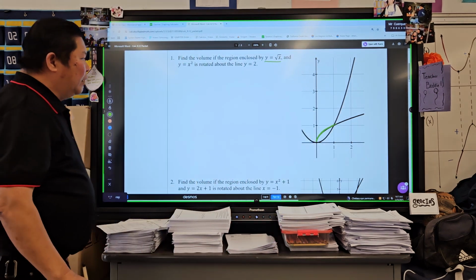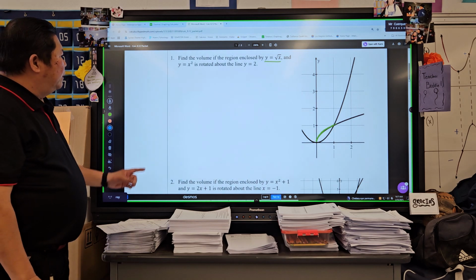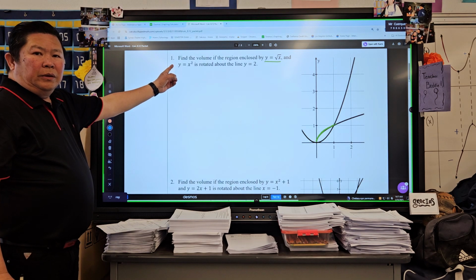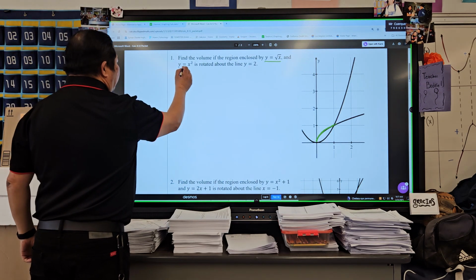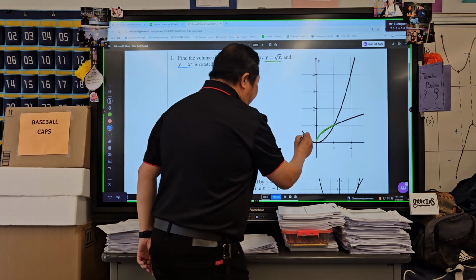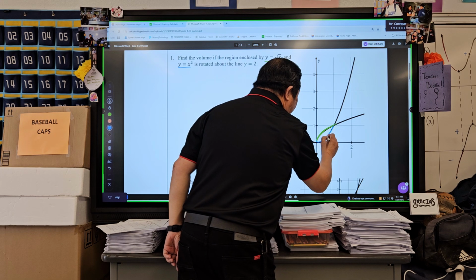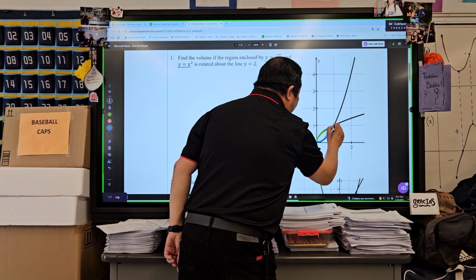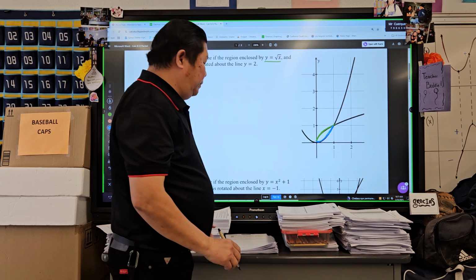Then I'll use blue for the parabola y equals x squared. What I'm after is this region only, because this is the region that we're going to revolve.